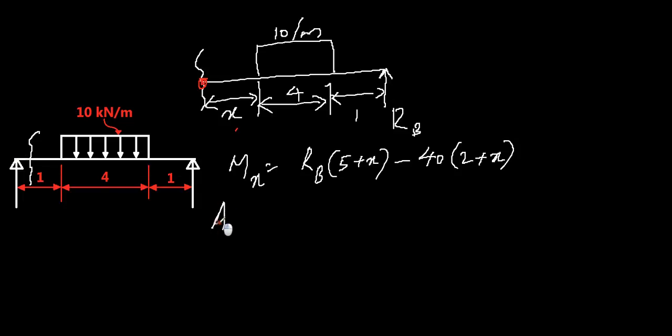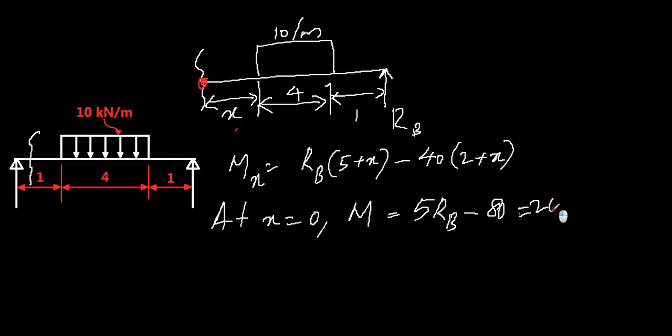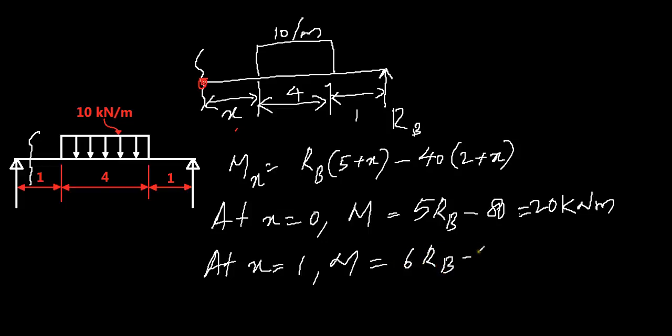So at x equal to 0, the moment is Rb times 5, that is 5 Rb minus 80, that is 5 Rb is 20, minus 80, that is 20 kilonewton meter, and at x equal to 1, moment is 6 Rb minus 120, that is 120 minus 120, that is 0.